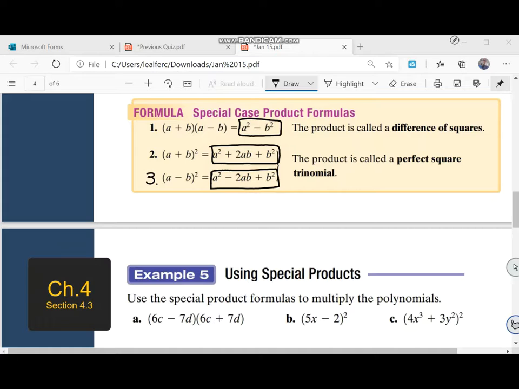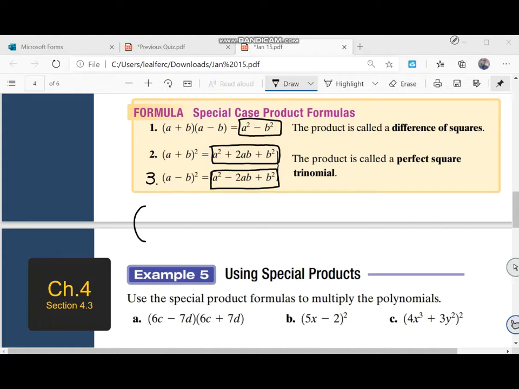Those are special cases. You can solve them using the FOIL method, but instead you can apply the formulas, and you're going to solve it faster. You just identify the right case and choose the formula that you can apply.